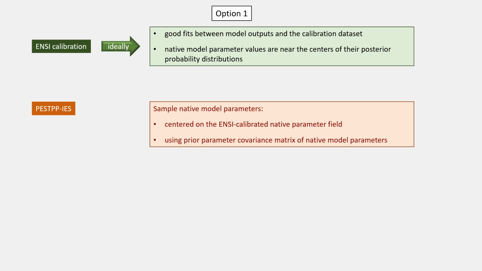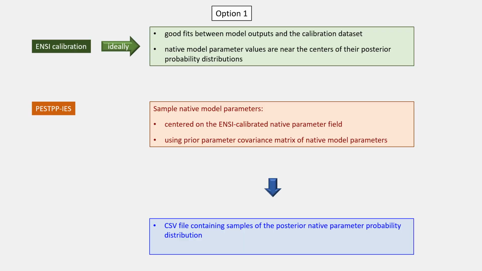So by doing that, we're starting off with an unbiased set of parameters, hopefully, that allow IES to fairly quickly adjust the other set of parameters until they give us as good a fit with the calibration data set as ENSI gave us, provided of course that we tell PEST-PP-IES to use enough realizations.